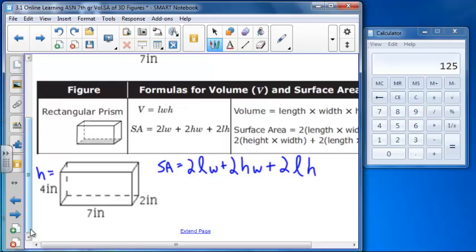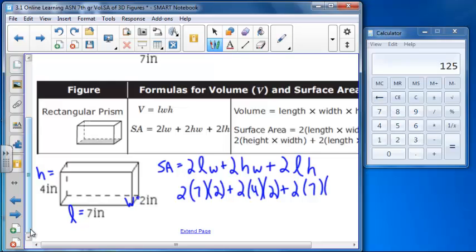So we'll say the height equals 4, the length equals 7, and the width is 2. Let's begin substituting. The length is 7, the width is 2, the height is 4, the width is 2, the length is 7, and the height is 4.